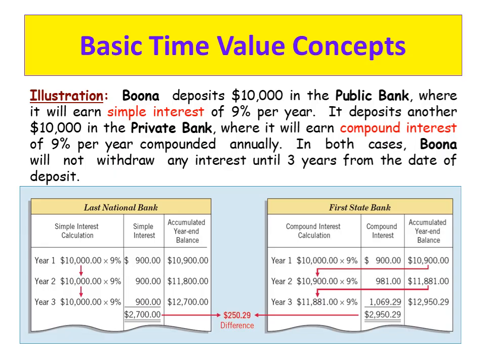The difference between the two is 250.29. This is overstated by compound interest calculations. This is the interest of interest. This is how compound interest and simple interest are different.